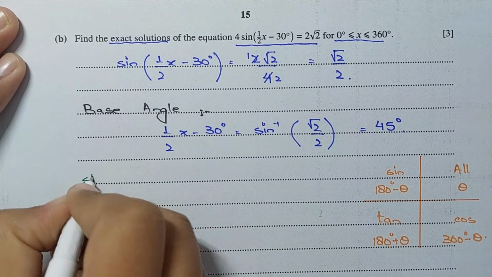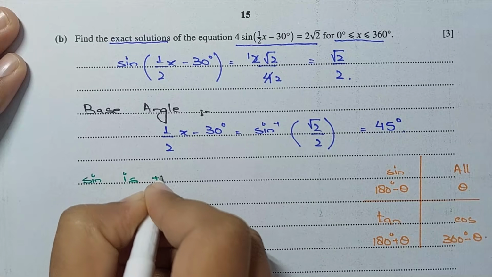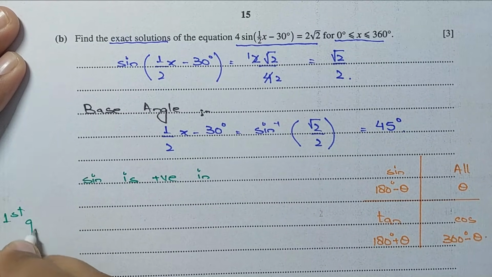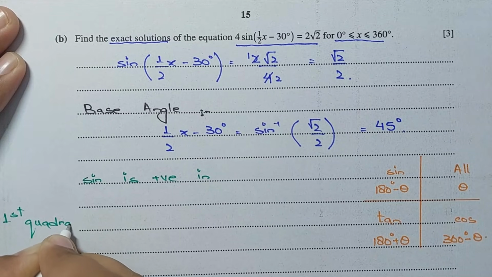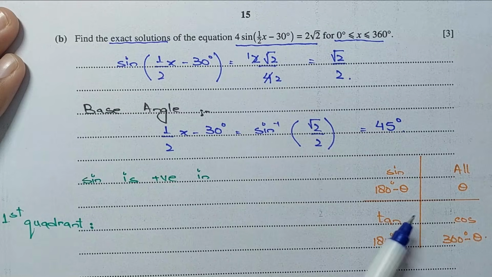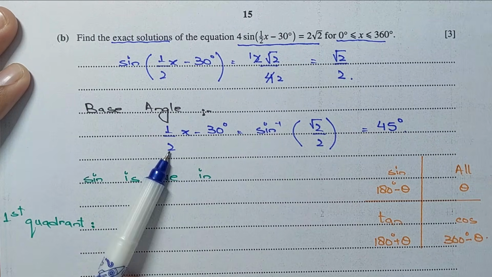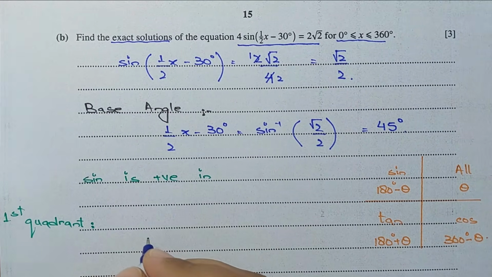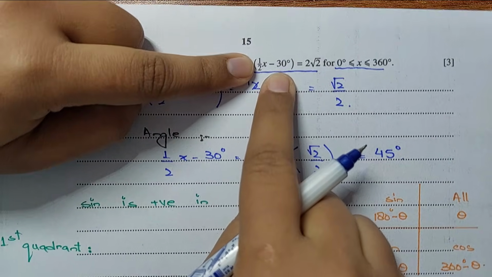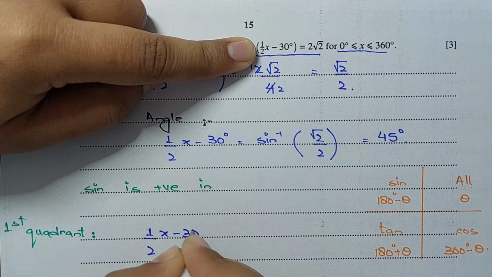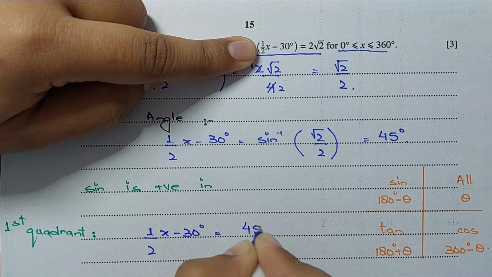So sine is positive in the first quadrant. Since sine is positive in the first quadrant, what is the value for theta? The theta should be equal to your base angle, right? So what is theta in this case? This theta, which is half x minus 30 degrees, is your base angle, which is 45 degrees.